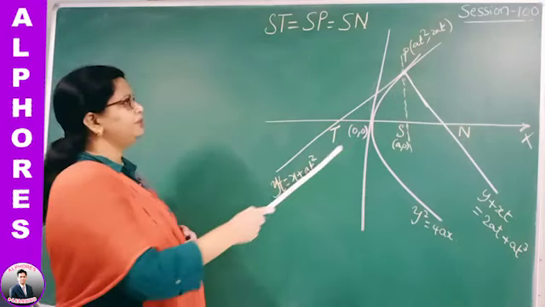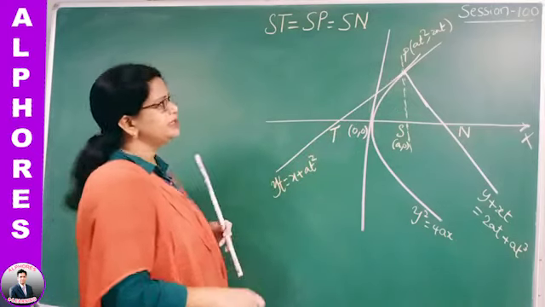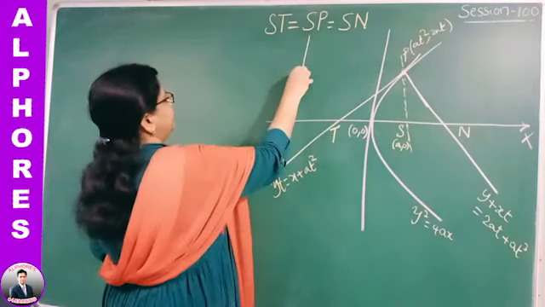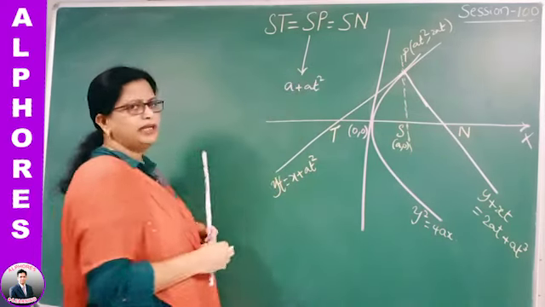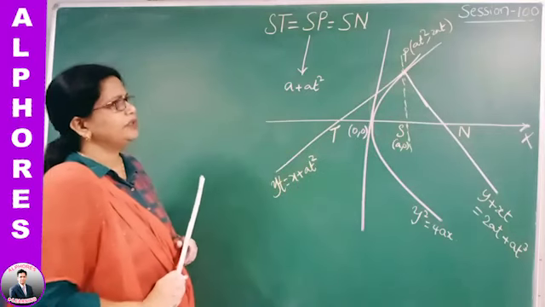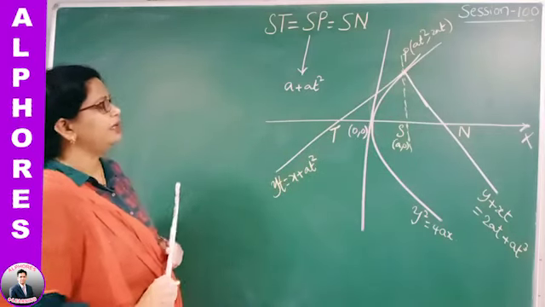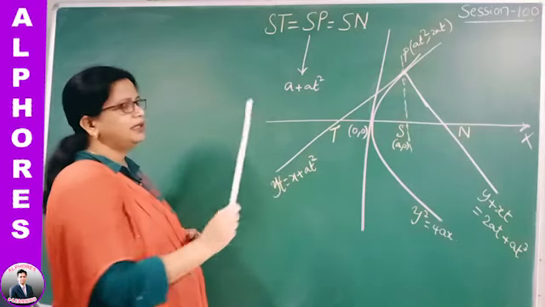Okay, so all of you know what SP is. SP is nothing but our focal distance. The formula is how much? It is a plus a t square, that is, x1 plus a. So here this is a and this is our x1. So this is our focal distance formula. Now let us observe what about ST. T is not on the curve.